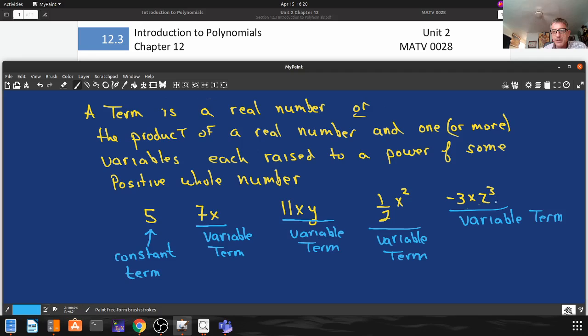Minus 3xz cubed is a variable term in the variables x and z. For the most part, we will be dealing with single variable terms and constants.